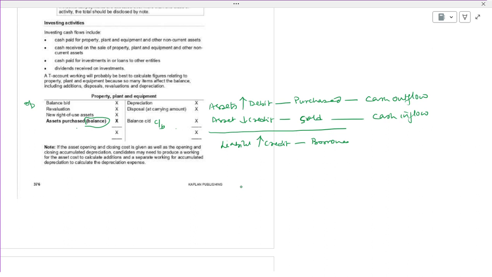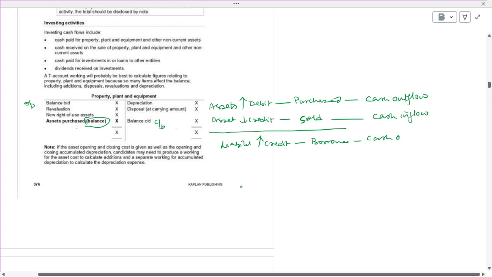If liability increases, credit side, you have borrowed; what happens? It is a cash inflow. If liabilities and share capital are decreasing, it will be on the debit side, meaning you have paid. It is a cash outflow.